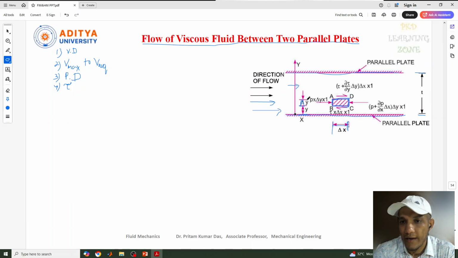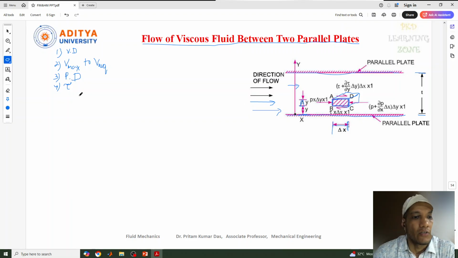One more thing, this fluid element can also be drawn in this way, with this kind of shape. In that condition, we need to consider the length, the height, as well as the width or thickness of this fluid element.